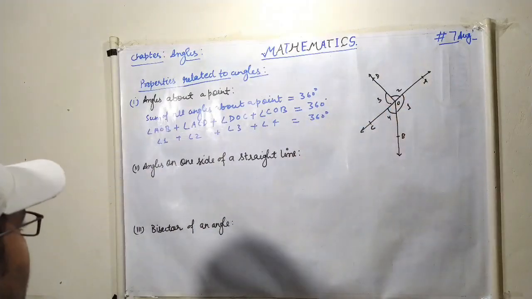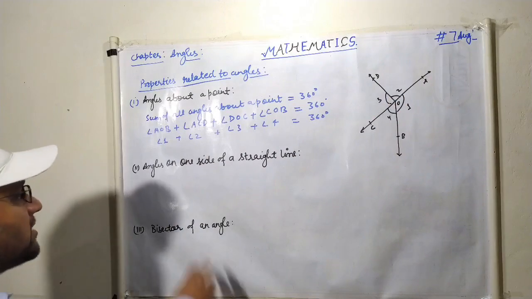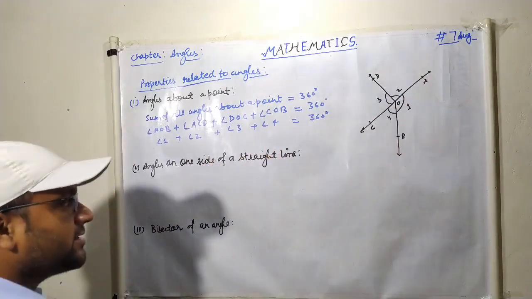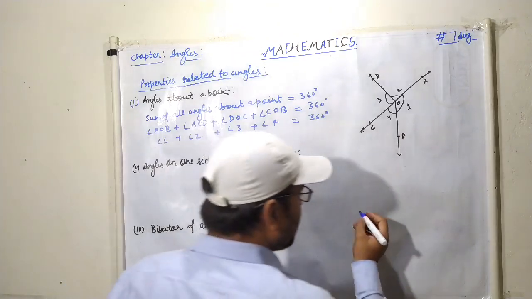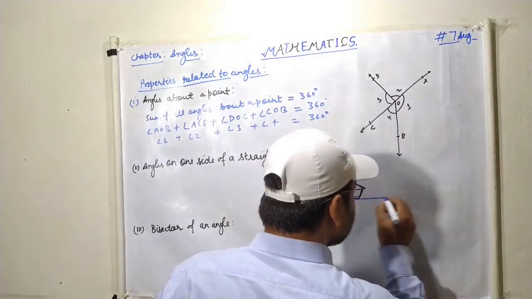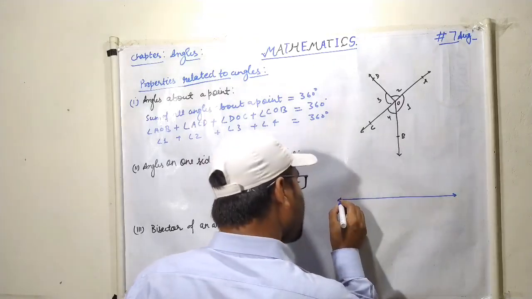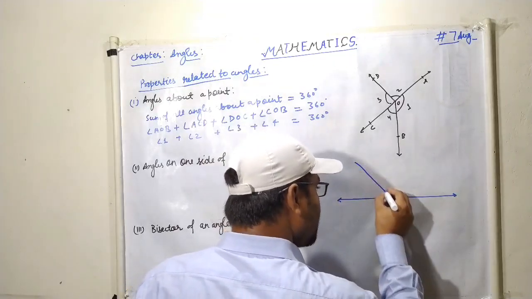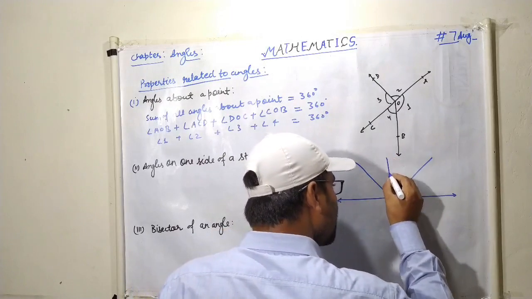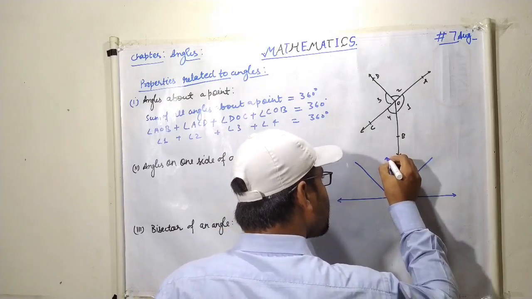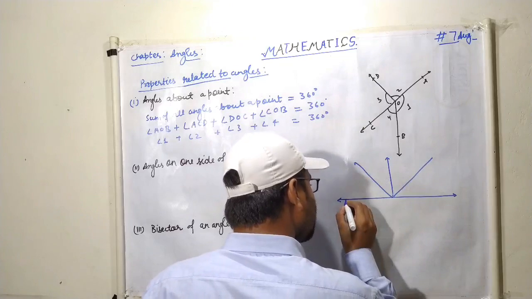Now the second point is angles on one side of a straight line. Suppose a straight line is given there.